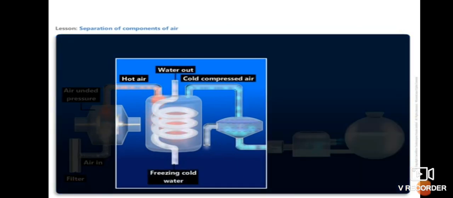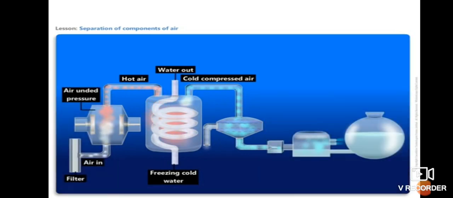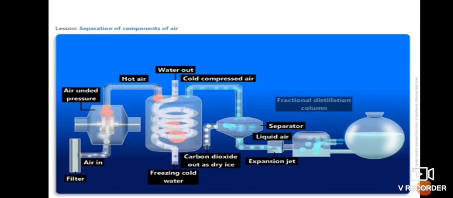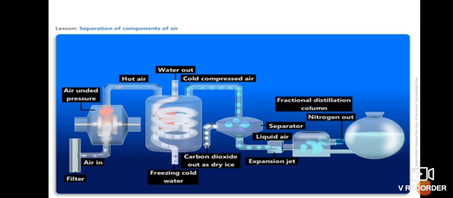Compressed air is passed through a freezing unit where it is cooled to about -200 degrees centigrade. The cooled and compressed air passes through a separator where carbon dioxide gas solidifies and is separated as dry ice. The air, which is now free from carbon dioxide, is forced through an expansion jet where it liquefies.